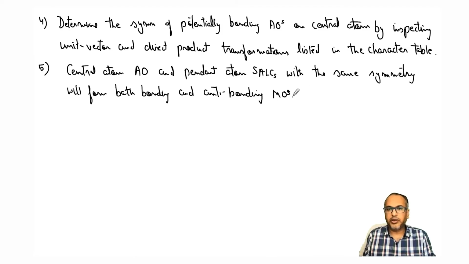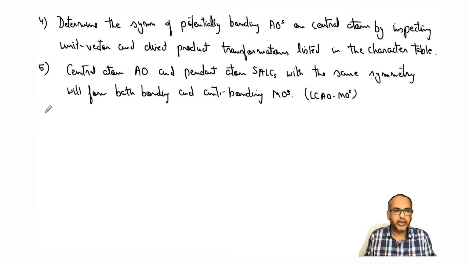You can say anti-bonding MOs, or we can say linear combination of atomic orbitals MOs, because this is a linear combination. There is no product involved here.